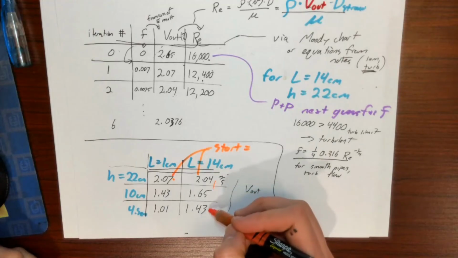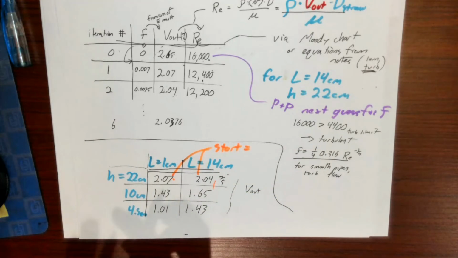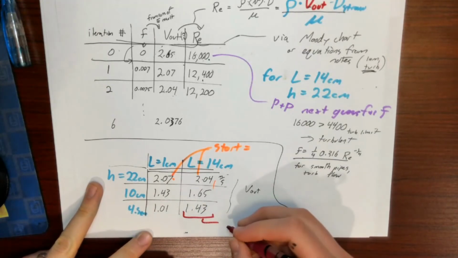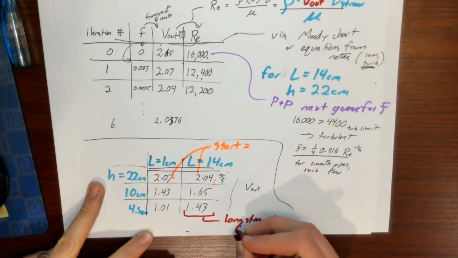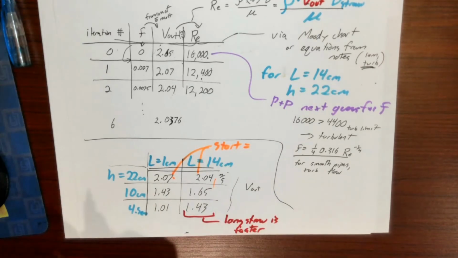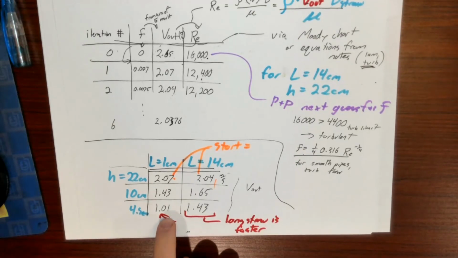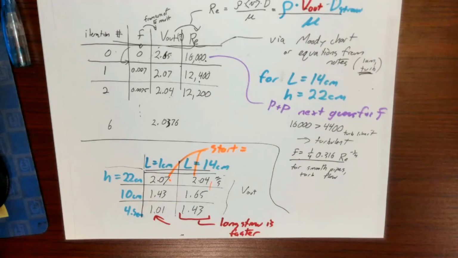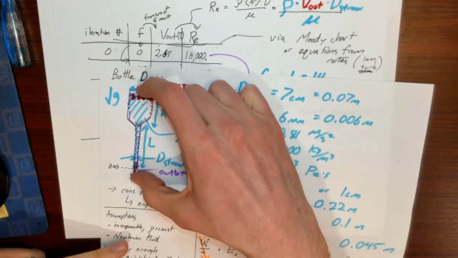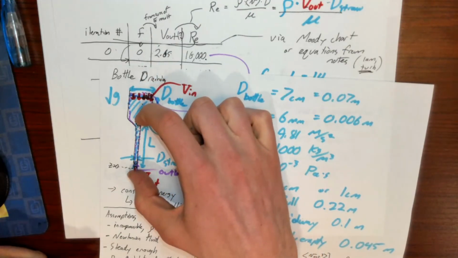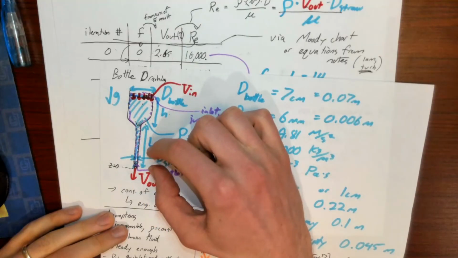But then we know once we get towards the end, the long straw is faster than its short straw counterpart. What's the rationale there towards the end? Well, once the bottle is drained most of the way for the long straw, we still have a decent amount of potential energy left from the straw.